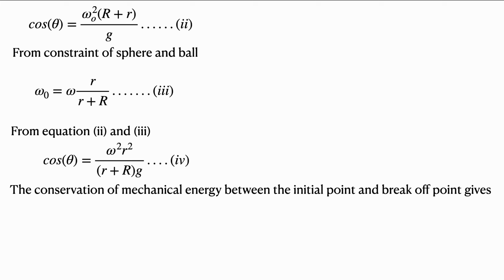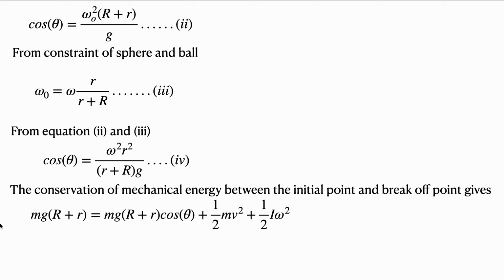The conservation of mechanical energy between the initial point and the breakoff point gives the equation mg(R plus r) equals mg(R plus r) cos theta plus half mv square plus half I omega square. On simplification, we get g(R plus r) equals g(R plus r) cos theta plus 0.7 r square omega square.